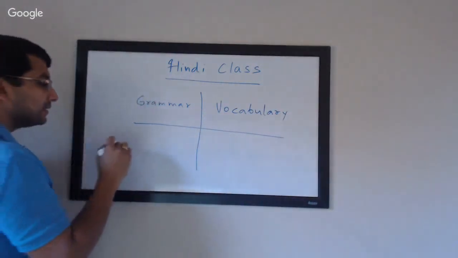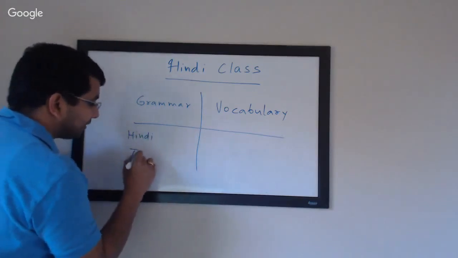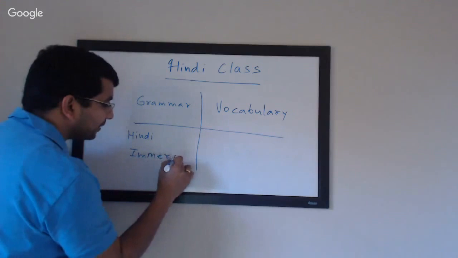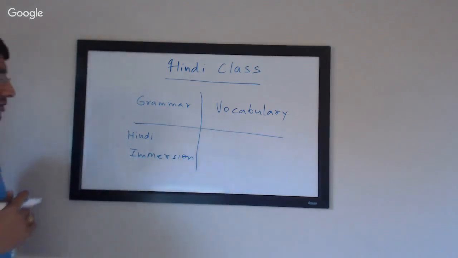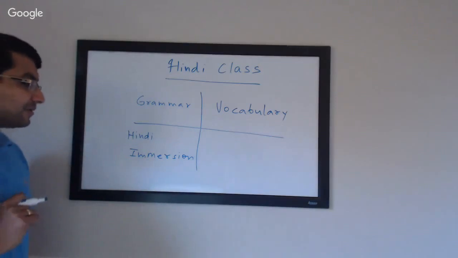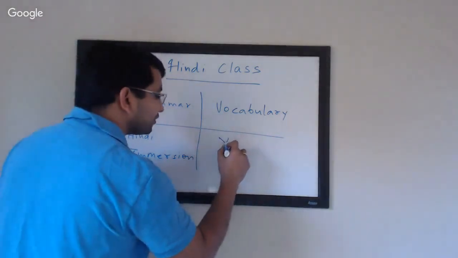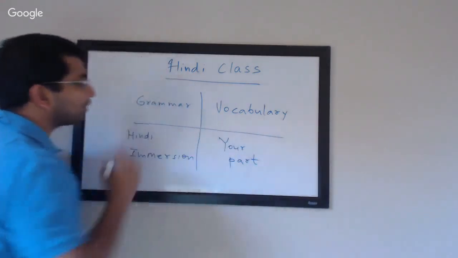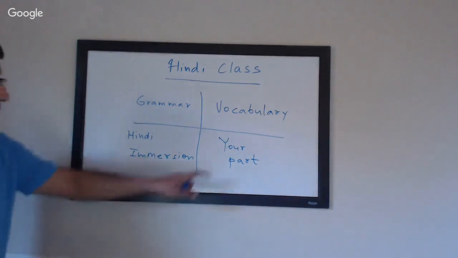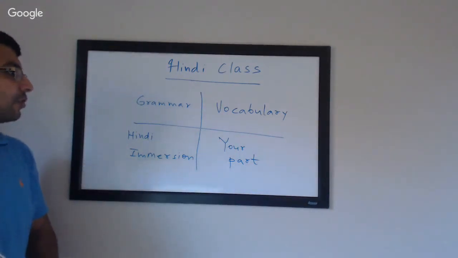The third segment is the Hindi immersion part, where I'll write a short Hindi write-up, either a story or something. And it's completely in Hindi, so you are encouraged to read it and make sense of it. And the fourth section is your part, where you will take whatever we have studied in this class and try to apply or make some sentences using those concepts, right?